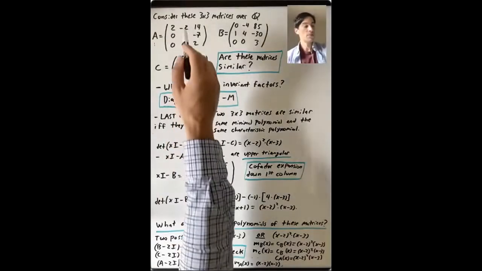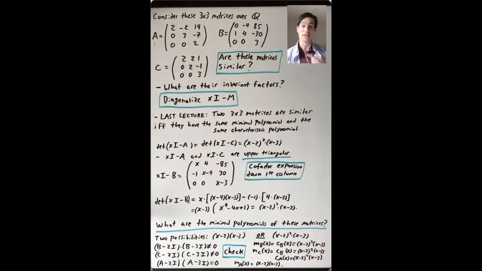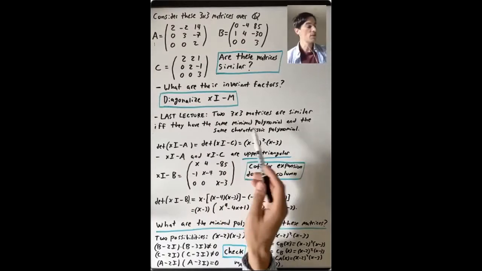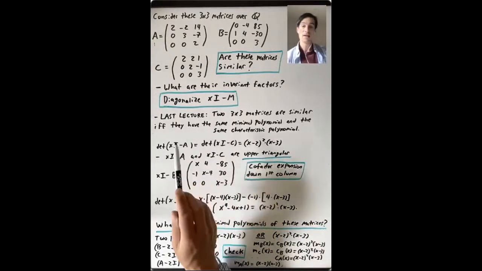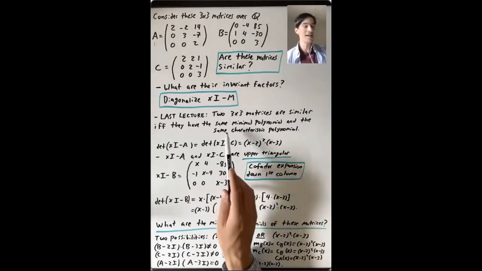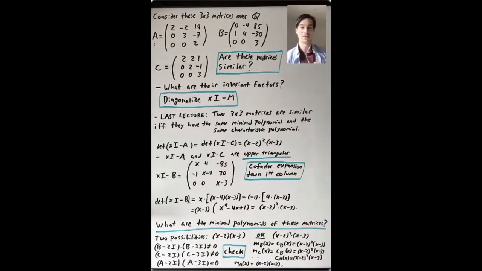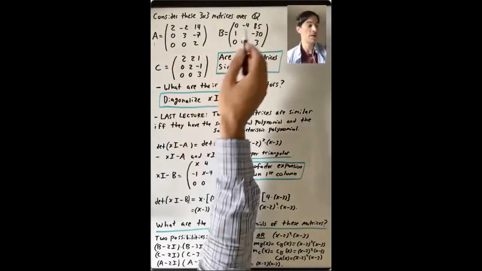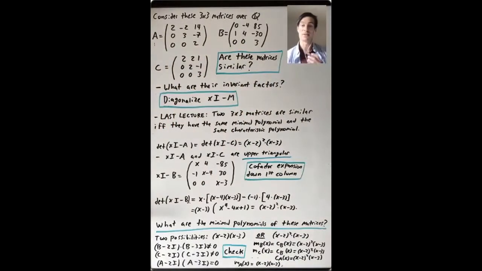But in the particular case of 3x3 matrices, we have a little trick. We saw in the last lecture that two 3x3 matrices are similar if and only if they have the same minimal polynomial and the same characteristic polynomial. So we can use this result in this special case where our matrices are size 3x3.